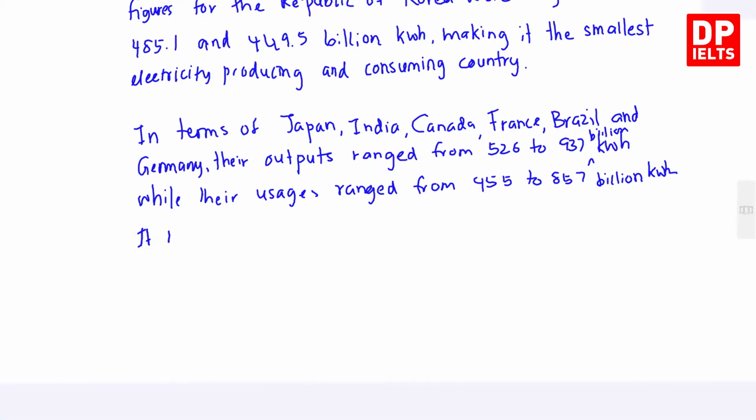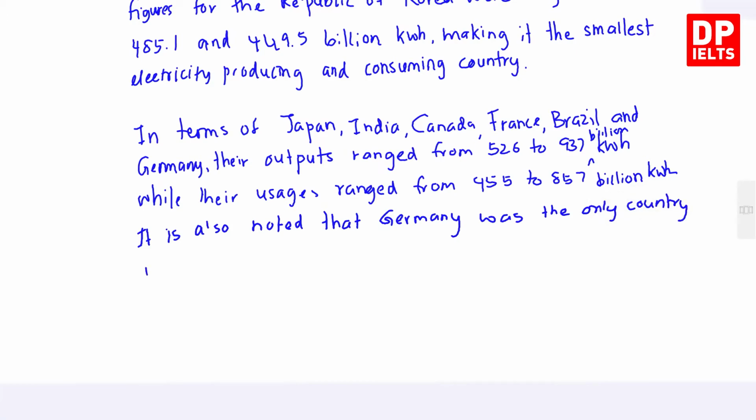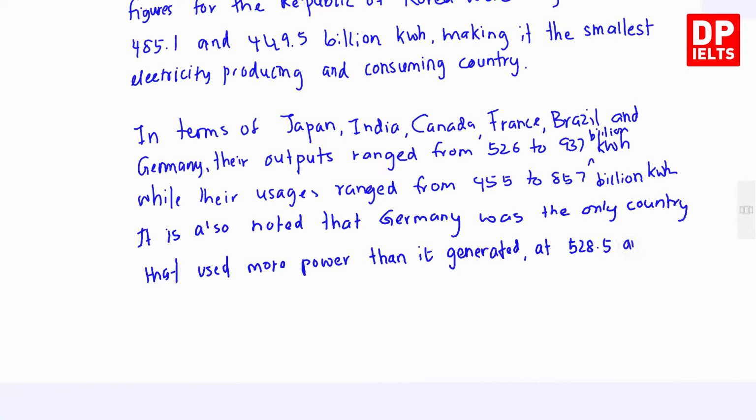It is also noted that Germany was the only country that used more power than it generated, at 5285.5 and 526.6 kilowatts respectively.